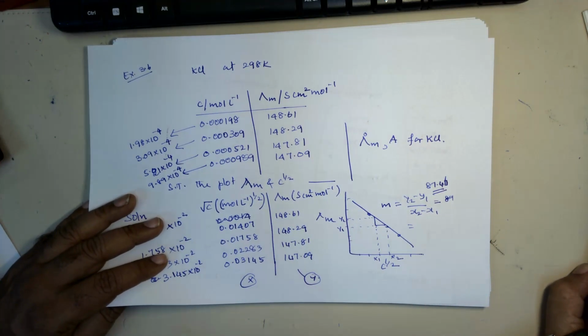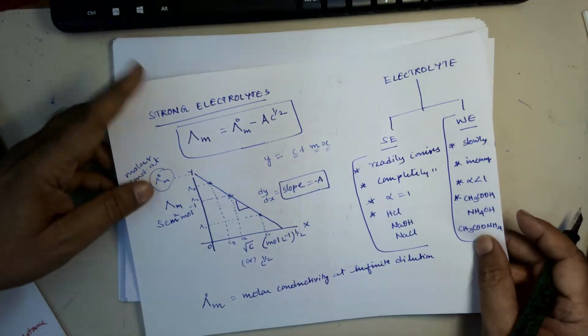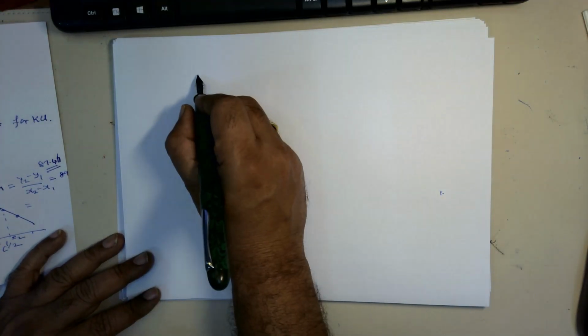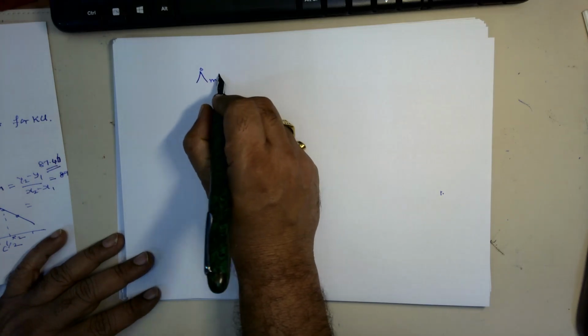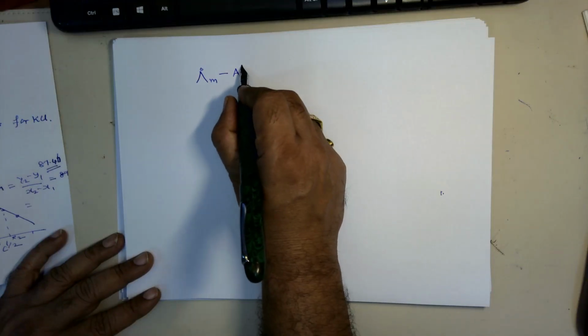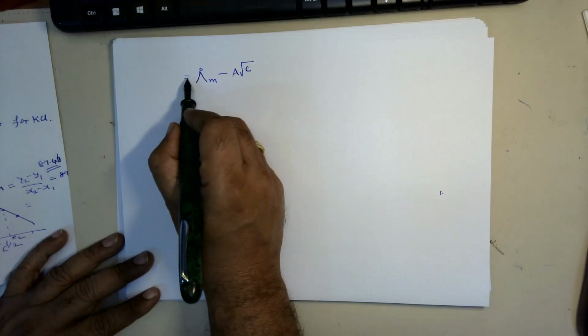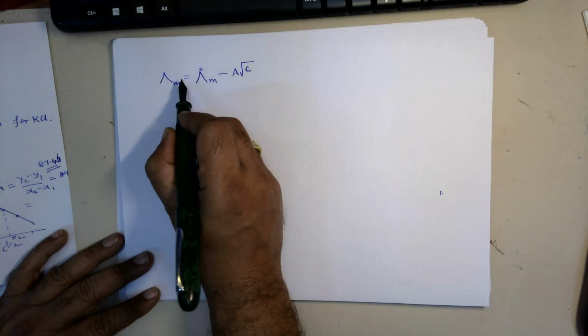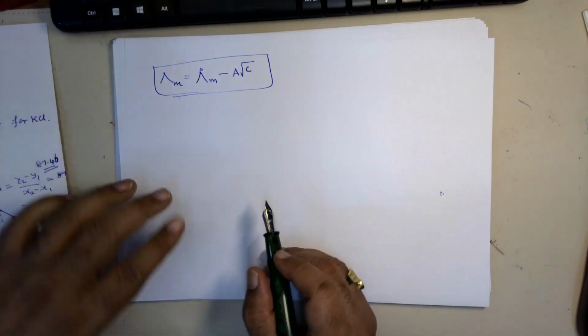Now from this equation, you should be able to give the answer also. For example, in this case, what they have asked: lambda not m minus A into root c value is equal to lambda m at certain concentration. So you can select a certain concentration.